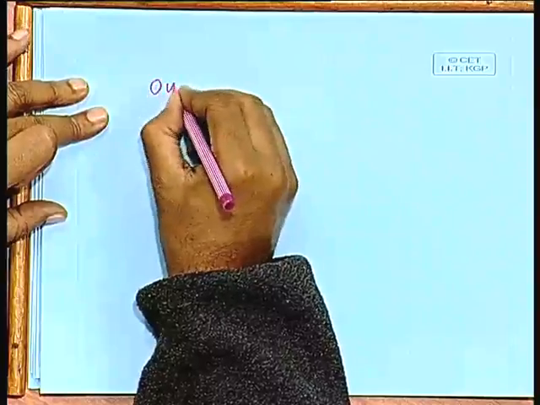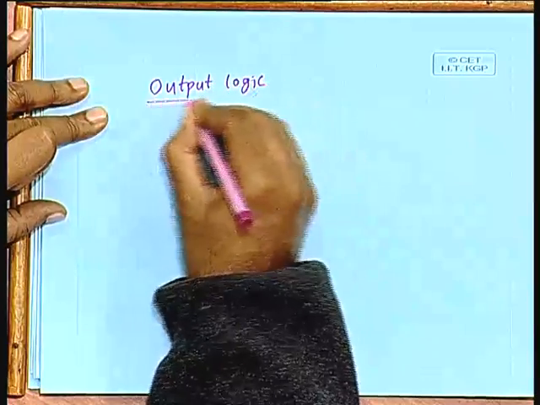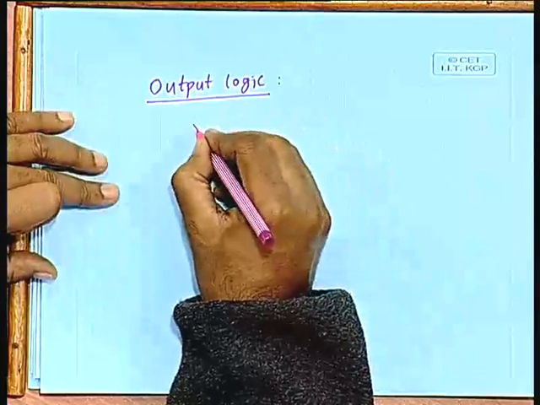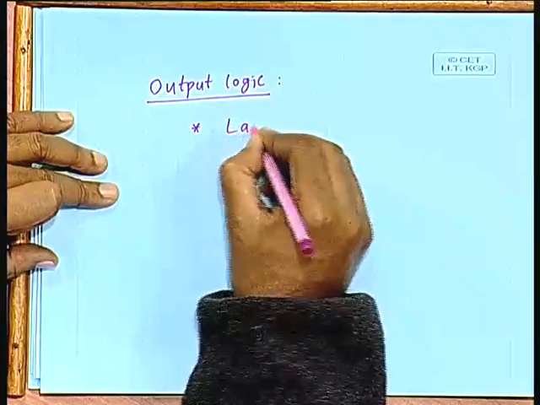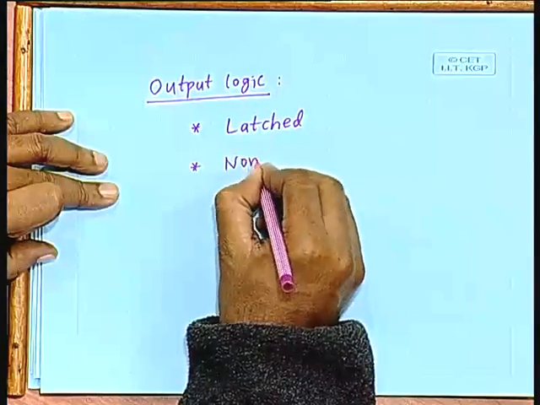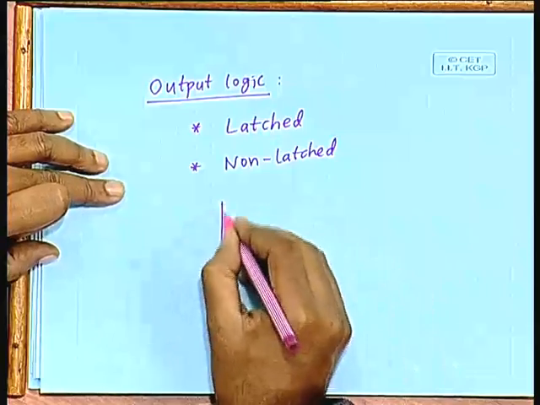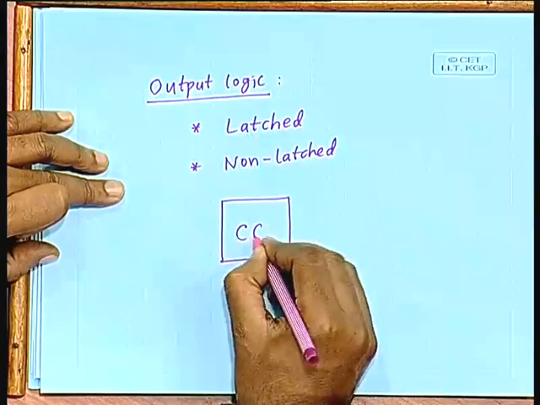Now, here again we will be looking at the different design styles that we can follow. You have the output logic in both cases, and it depends on the application. The output logic can be latched, or it can be non-latched. For example, you have a circuitry with some combinational logic.